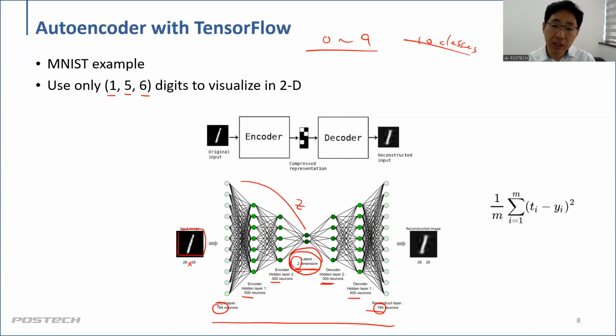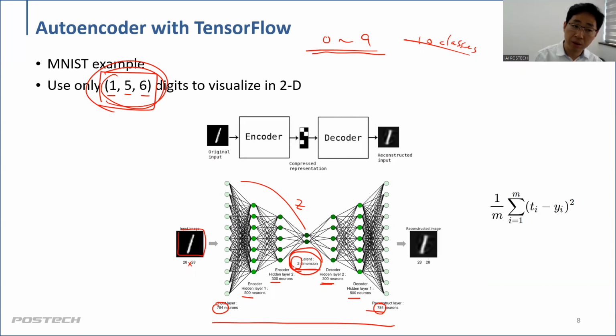If we had all of the MNIST data set, 0 to 9, 10 classes, a lot of the latent space would overlap. So I got rid of some of them, and I found that these are good enough to represent in the latent space. So again, we have only 3 digits: 1, 5, and 6.